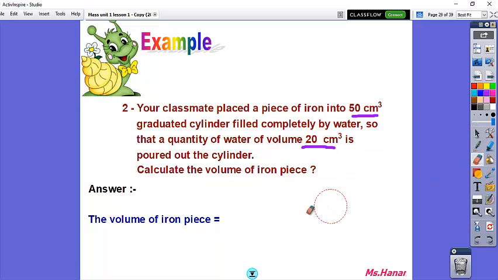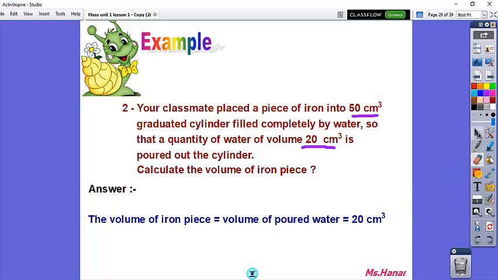Can we think together in this problem? Is it hard or easy? Yes, it is very easy. When we put a piece of iron, an amount of water spilled out. This represents the volume of this piece. So the volume of the piece equals the volume of spilled water, which equals 20 cubic centimeter.